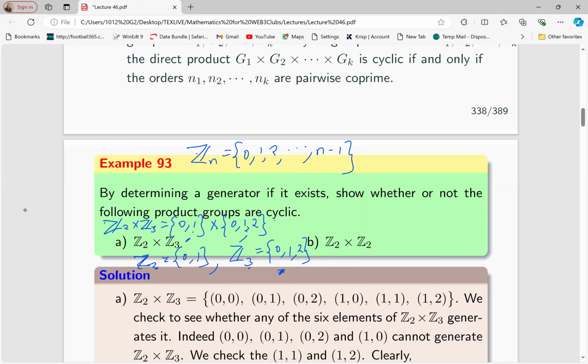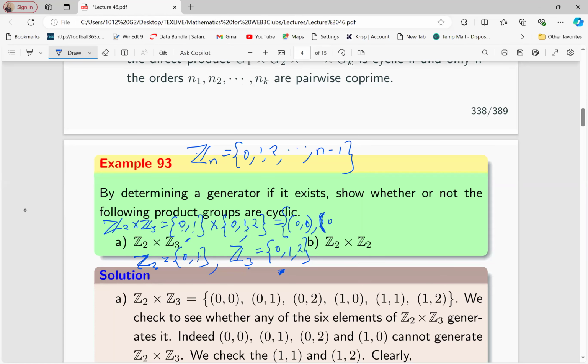So when we do that, the 0 and 0 will give us 0, 0. That's the first element of that group. The second element, 0 and 1, will give us 0, 1. The other element, 0 and 2, will give us 0, 2. Now we have exhausted 0, combining 0 with these other elements.